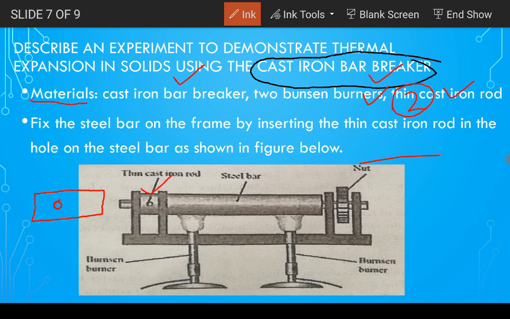It is through this hole that you insert the thin cast iron rod. So the thin cast iron rod is inserted there like that, and then it goes to the other end.